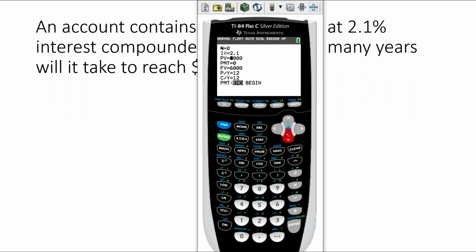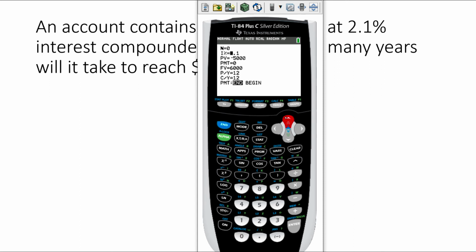So essentially what this would say is I'm starting out with a loan of $5,000. I'm not putting any money in. I'm not paying back the loan. And then I want to know when my account, which I have put no money in, and in fact withdrew $5,000 that I didn't have, when will that be $6,000? And the answer to that is never. That's unfortunately not how things work. So we need to make that negative $5,000.